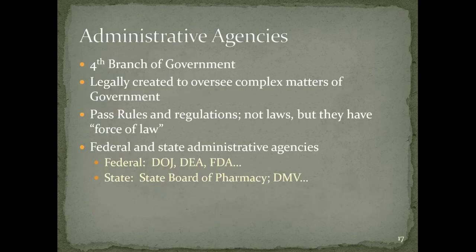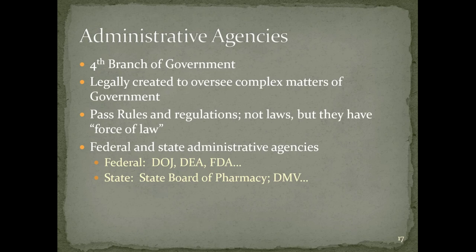So administrative agencies, we consider this like the fourth branch of government. They are created under the laws that they're enforcing or implementing. So for example, the FDA is under the Food Drug Cosmetic Act. It enforces it and it passes rules and regulations thereunder. That's an administrative agency.